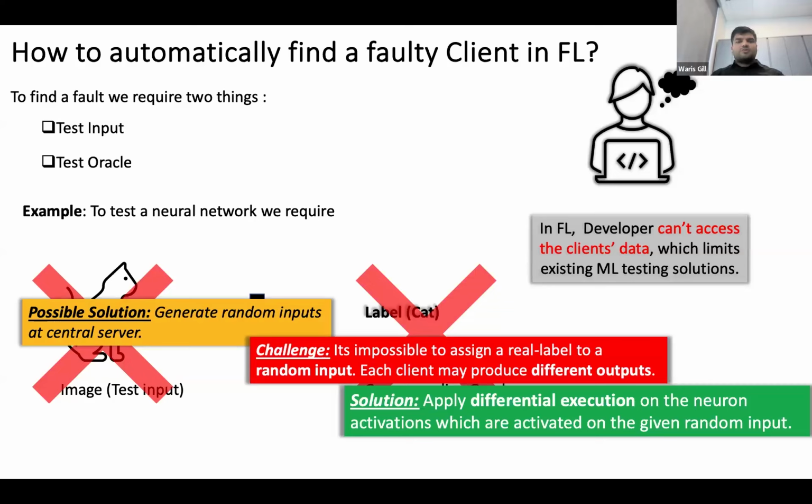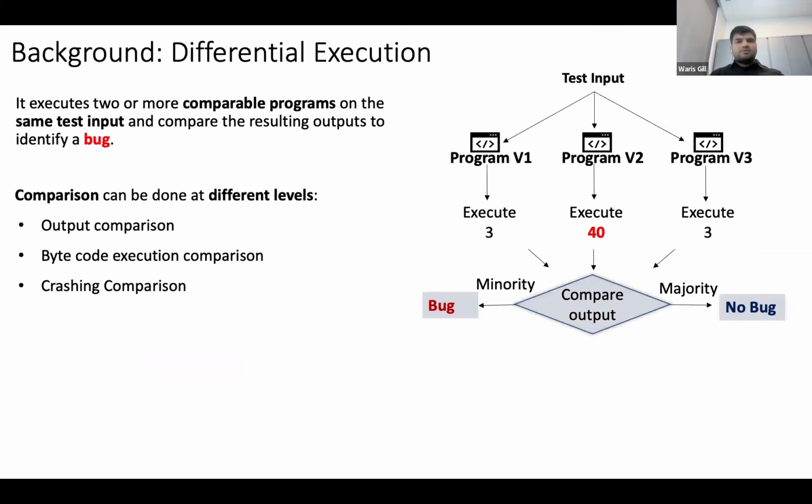So our solution was basically to apply differential execution on the neuron activations which are activated on the given random input. Just to give a quick overview of differential execution, we have multiple versions of the same program, and we compare their outputs on the same test input.